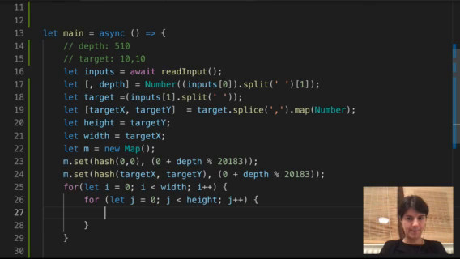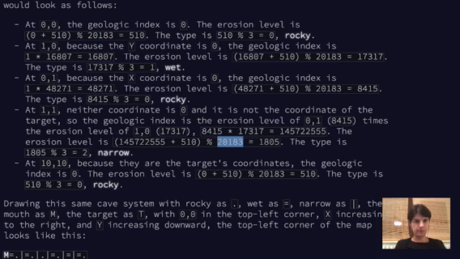Oh, what's your order of operations? Thanks, Anthony. Am I maybe doing this the wrong way? Let me read what the instructions were saying. Okay. The geologic index is 0, the erosion level is a number, and the type is rocky. Oh, do I need the... It's the erosion, no, I need the erosion level from the previous ones, right?